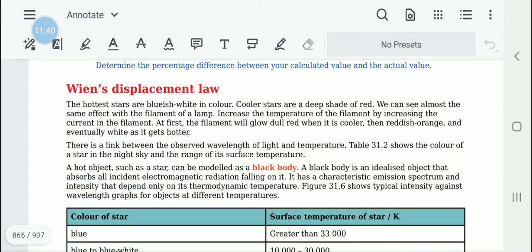Wien's displacement law. Different stars at different temperatures release light of different wavelengths.